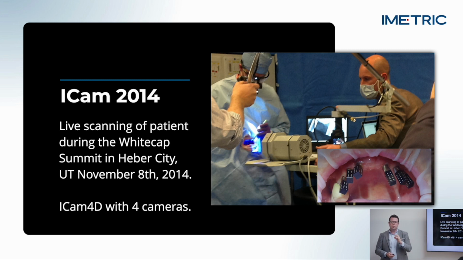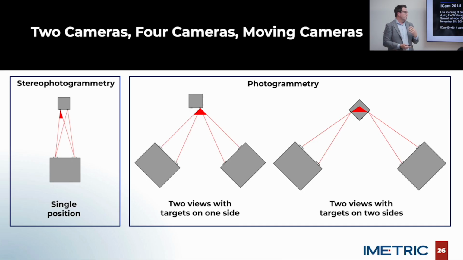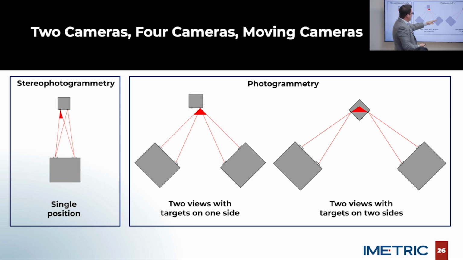In order to be true photogrammetry, you need at least 3 cameras. Okay, and we have 4 moving cameras. And that's very, very important, and I'll come on to that in a moment. Actually, no, I'm going to come on to it right now. So we've got our multiple surface target, we've got our 4 cameras, and we're going to orbit around the patient taking the information.